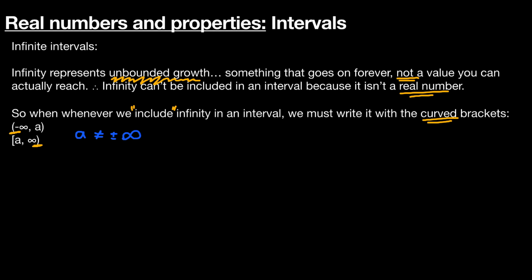And because we're saying that, we could have had a curved bracket over here, or we could have had a square bracket over here. Similarly, over here, we could have had a square bracket or a curved bracket. Whatever we chose is just by choice. We could have either one. But for these ones over here, we must always have a curved bracket because infinity cannot be included.